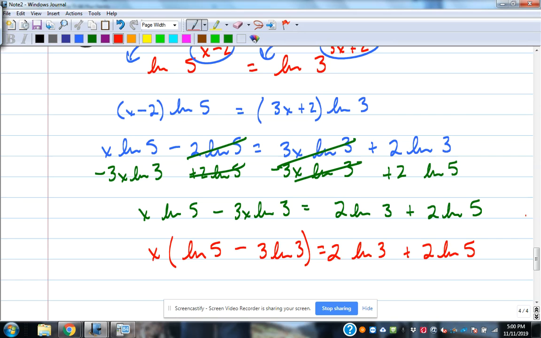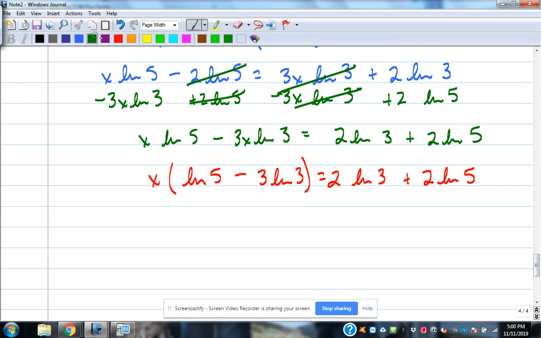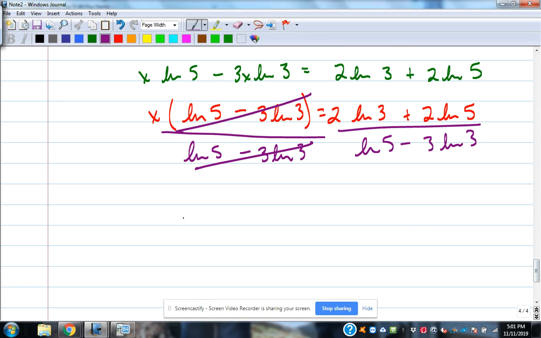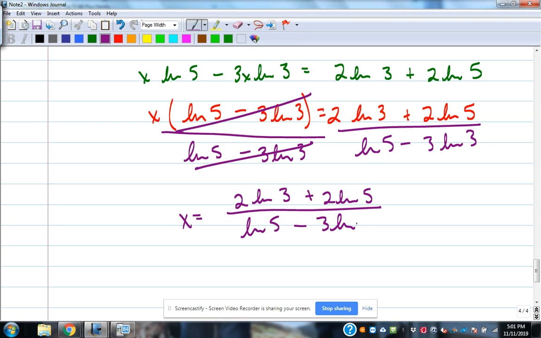Divide by this weird looking number over here on the left. So if I divide by natural log of 5 minus 3 natural log of 3, this side cancels, and on the right hand side you get this weird looking ugly fraction: 2 natural log of 3 plus 2 natural log of 5 over natural log of 5 minus 3 natural log of 3.